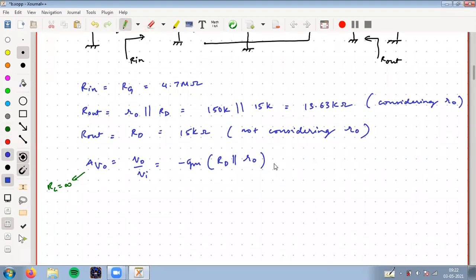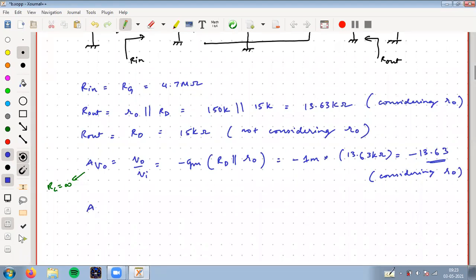So if I solve this, GM is minus 1 milli into RD parallel R0, which is 13.63. So the gain comes out to be minus 13.63. This is AV0, considering R0.